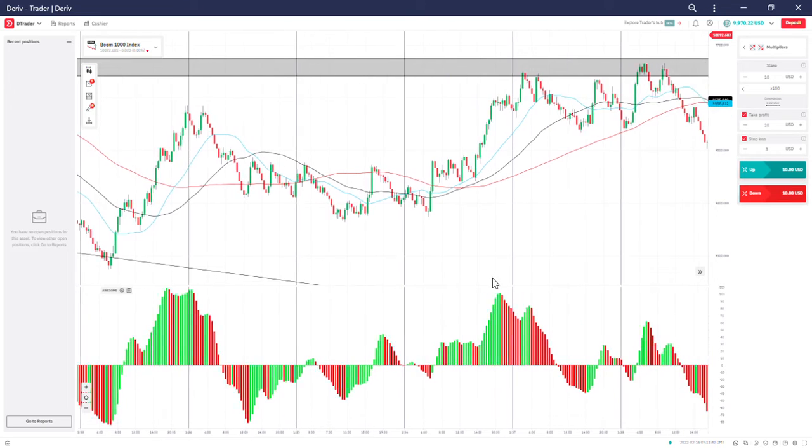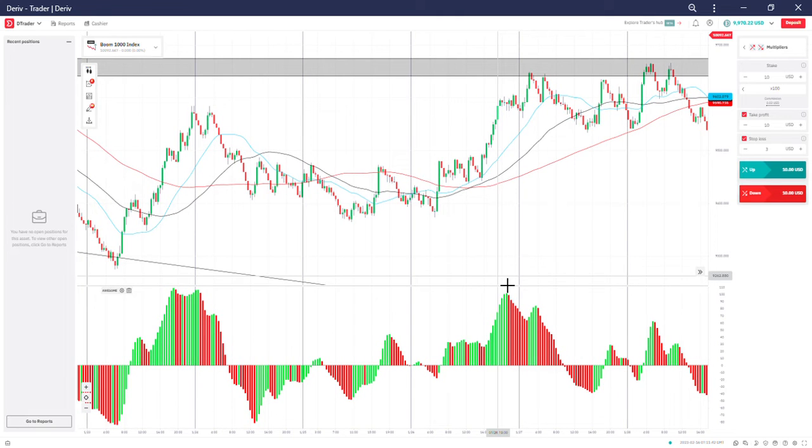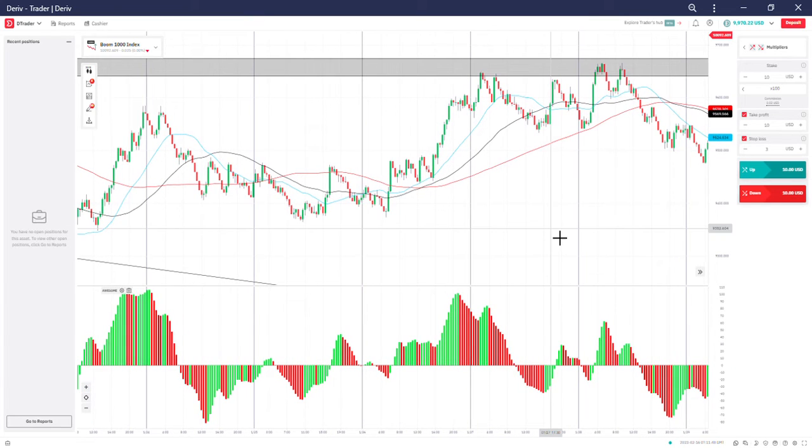Now the best way to trade this setup is when the market is on a ranging move. Remember, I want you to note that this strategy works well when the market is on a ranging move. By a ranging move, I mean that the market has no confirmed direction.